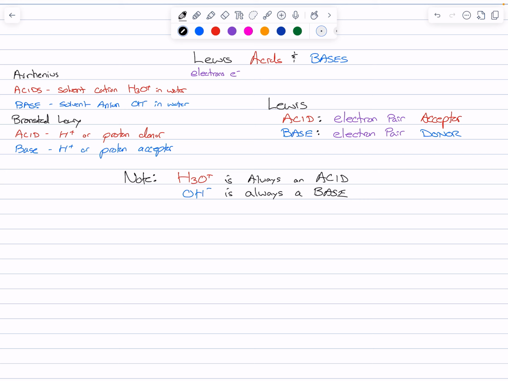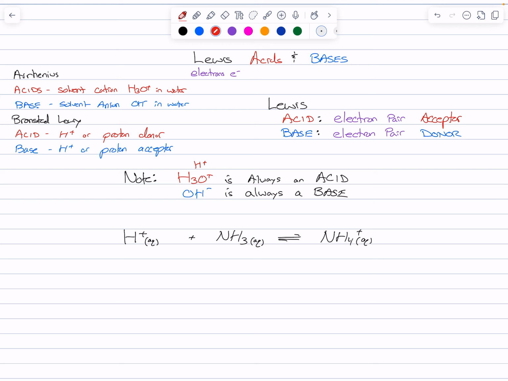For an example, if we have H plus and NH3, it'll make NH4 plus. H plus cannot be a Lewis base, can it?